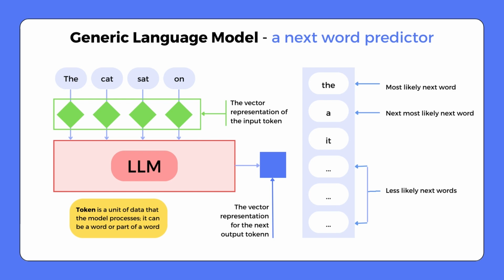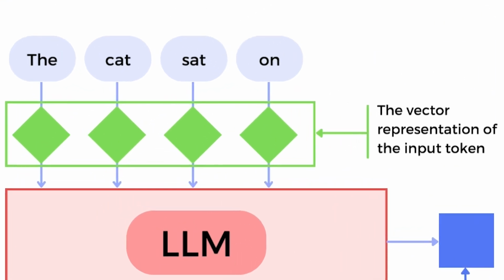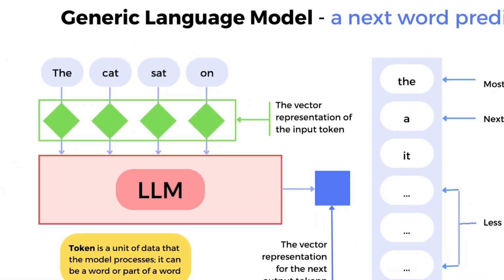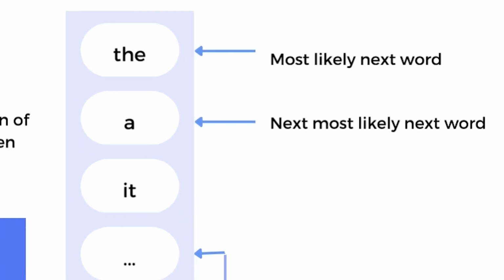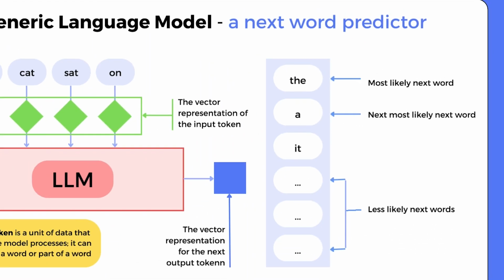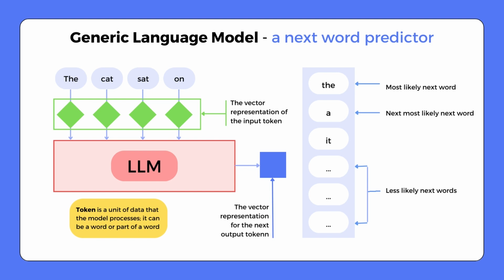Let's take a simple example. The cat sat on, and now we want to know what the most probable next word is. And the model tells us "the" is that answer. Just like how your phone's autocomplete feature would suggest. It's a fascinating glimpse into how AI can mimic the way we naturally communicate.